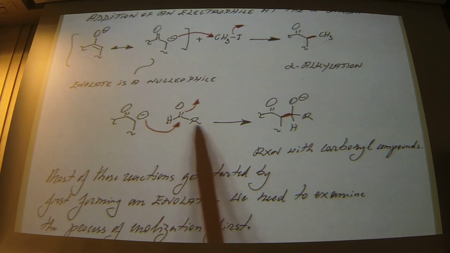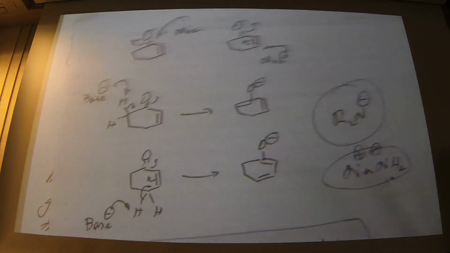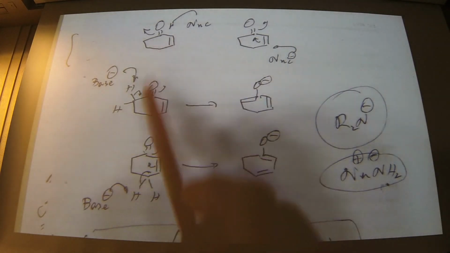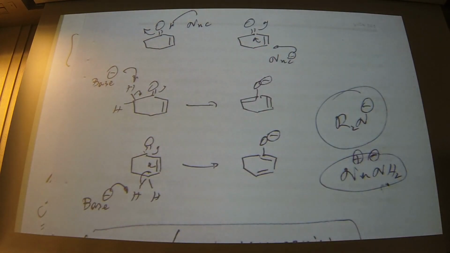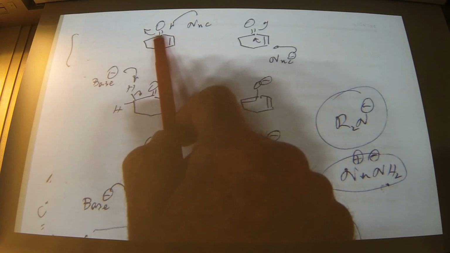Now, here again, you can see how complexity is built up. Go back to that example I talked to you about a little while ago, where I talked about all the different kinds of reactivity that you can see with cyclohexenone. Now you can see that the enolate, either this enolate or that enolate, can react with the starting material.